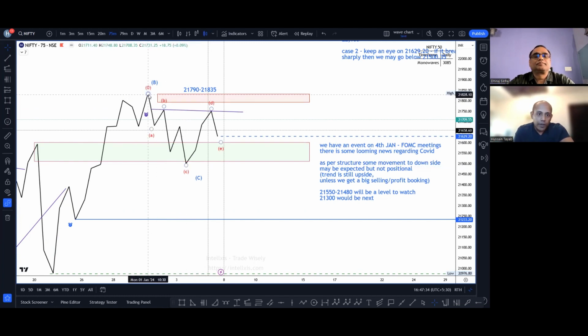But if you take the time of 1, 2 and 3 which are facing downwards, you'll see 1, 3 and 5 have taken the same amount of time. I'm just saying 1, 3 and 5 could be A, C and E, whatever you want to call it. Okay? 2 and 4, or rather B and D, have also taken the same amount of time. When I see something like that, the diametric pattern comes to my mind.